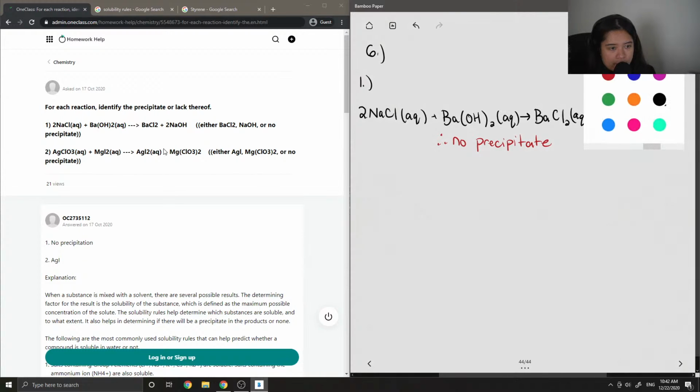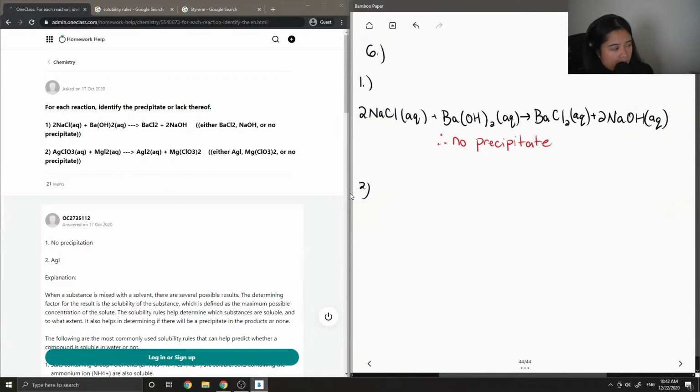And now let's look at the second reaction. Like they already wrote aqueous there, but I'll just double check on our chart.